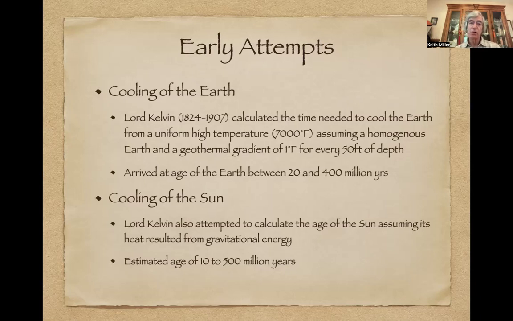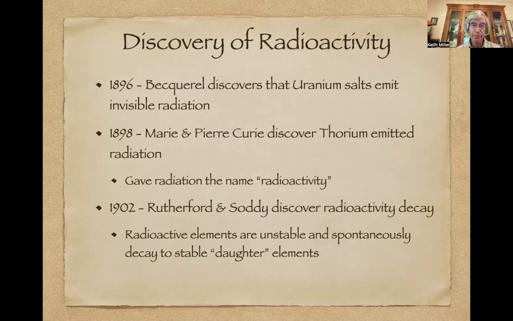And so, okay, how long would it take the sun to cool off, right? Again, it's very, very hot at its formation because of all this gravitational energy. Now that's being dissipated. So how old is the sun, basically? And again, this incredibly wide range of 10 to 500 million years.